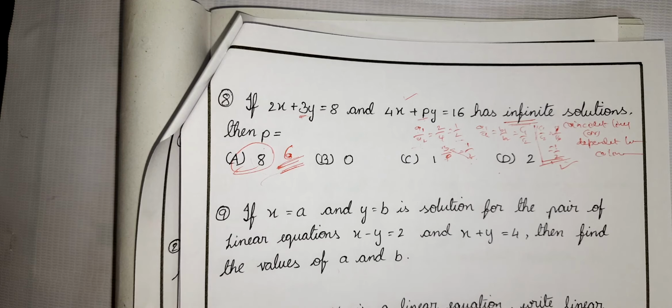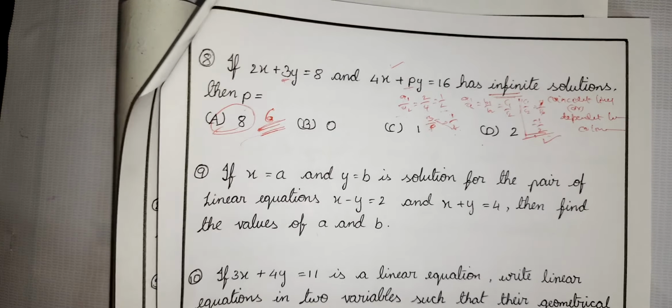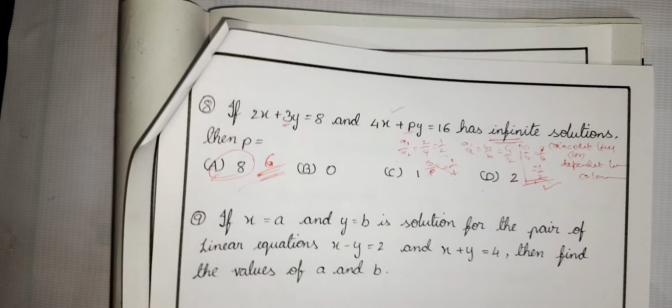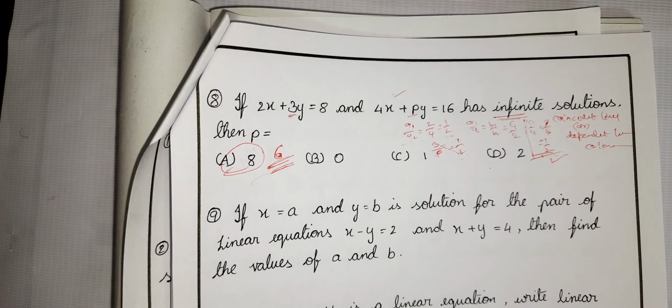So the next one. Now students, please remember, there is a chance that there can be a mistake in the question paper. But don't just sit and worry about what the mistake is. When you identify the mistake, you inform your examiner that there is a mistake in the question, or else you attempt the question.